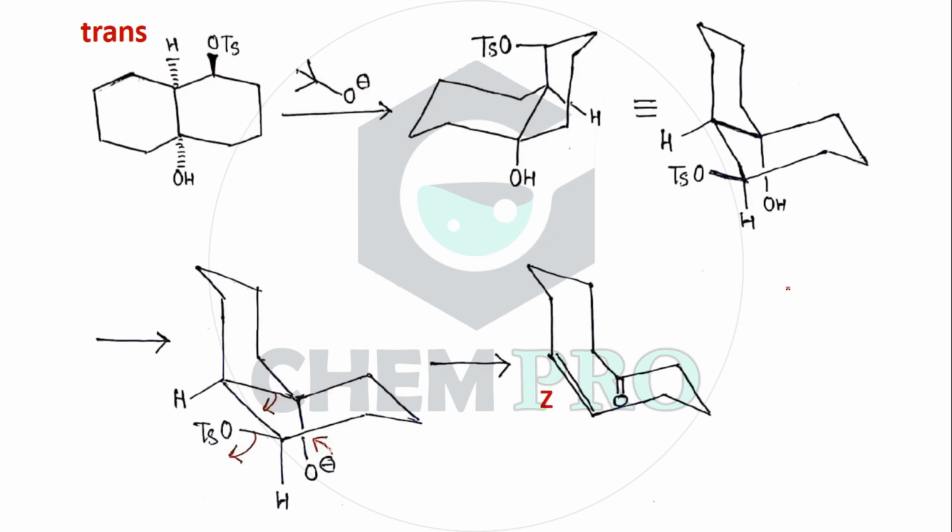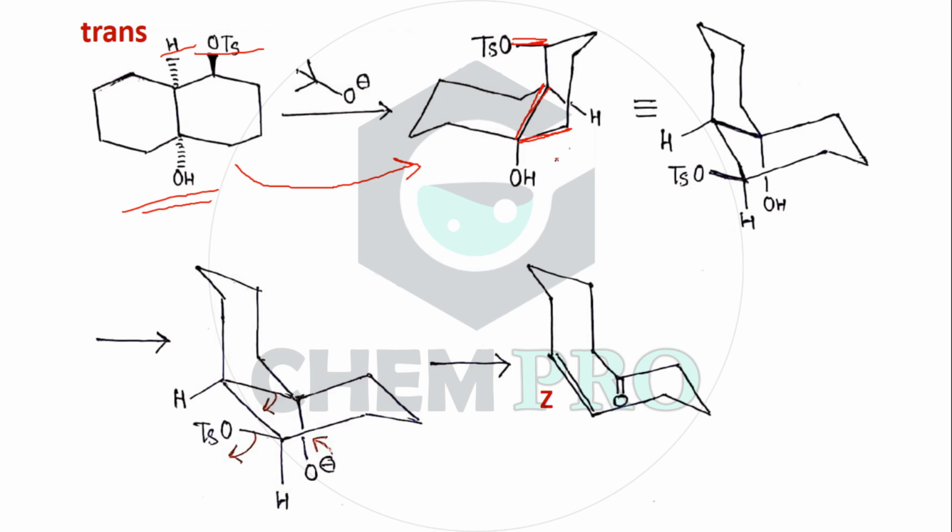The next example is also a cis-decalin, but the hydrogen and OTs are trans to each other. If we convert this planar structure into a chair conformation, we find that this C-C bond and this C-X bond are syn to each other, or cis to each other.